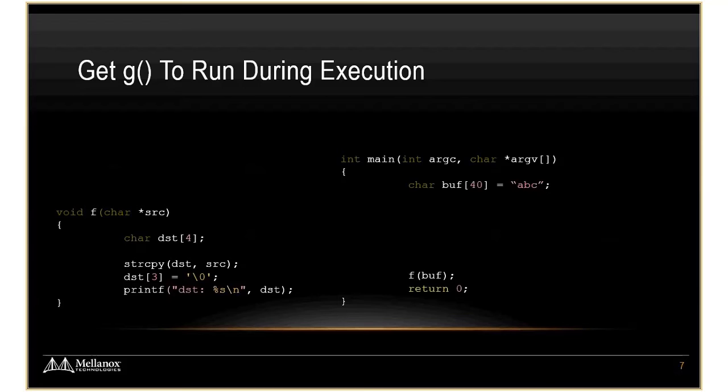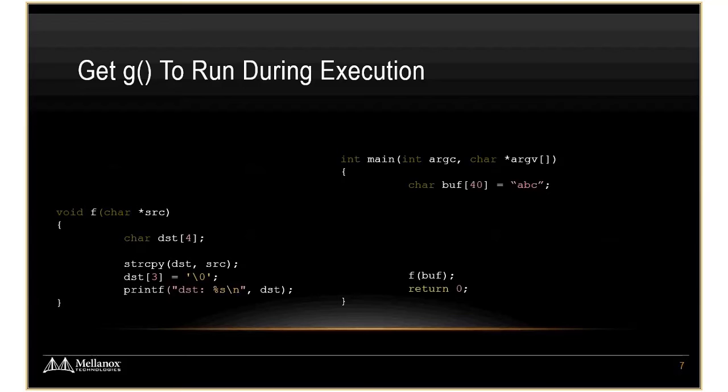So the very diligent and careful engineer who wrote this code doesn't trust whoever's calling f, so he made sure to put a null terminator at the end of dest, so the printf doesn't get messed up, and he calls printf. Once that's done, we return to main and we exit.